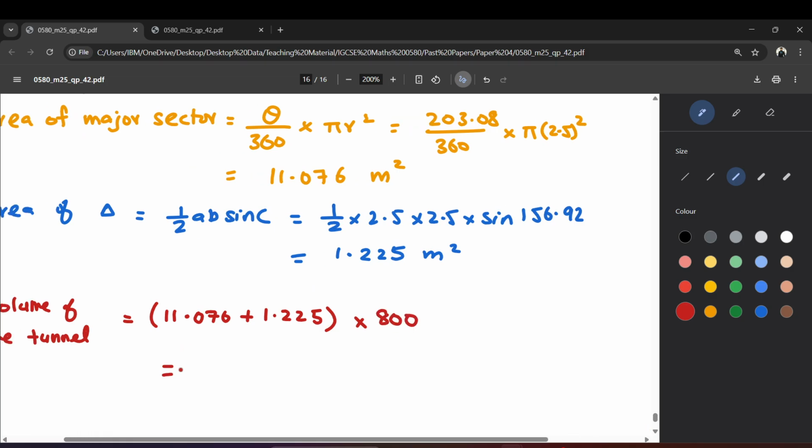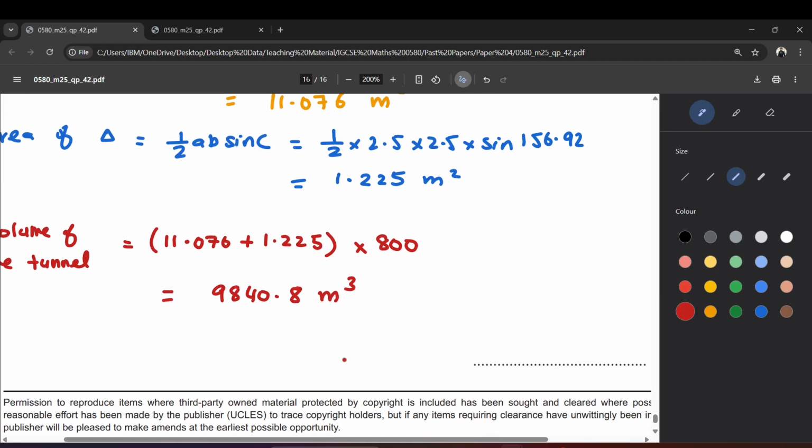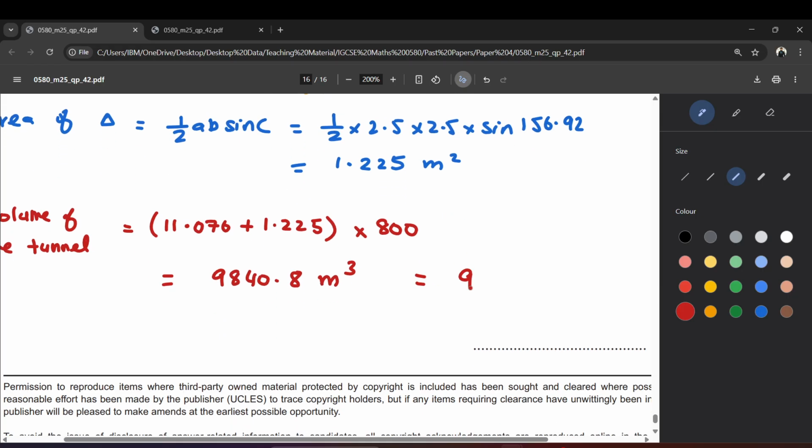So that gives us 11.076 plus 1.225 times 800 gives us 9840.8 meter cubed. Okay, so we can round this off and we can say that our volume is 9841 cubic meter.